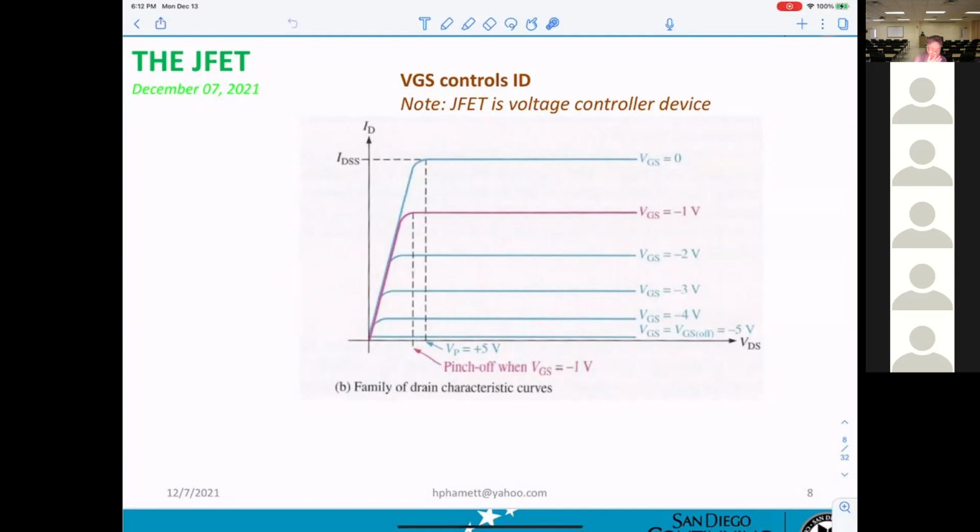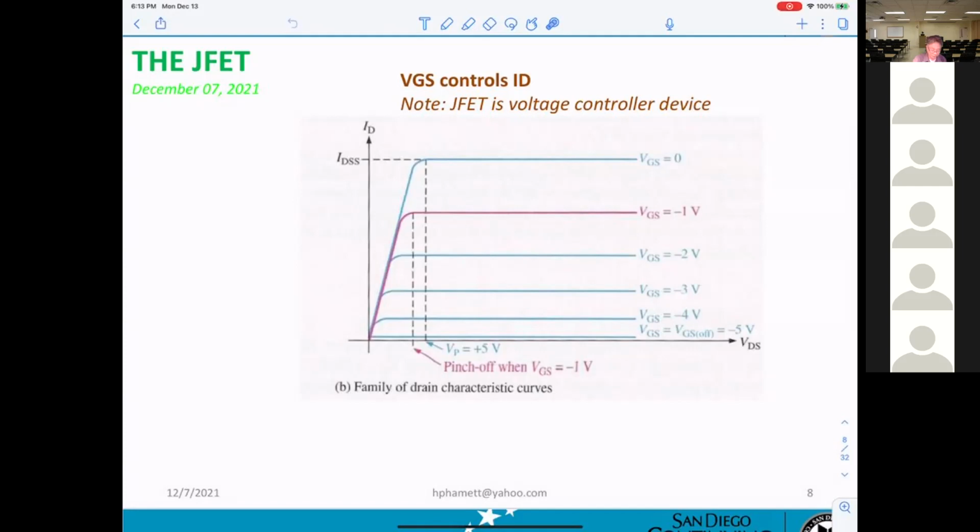Well, like at the end of the graph, it says VGS equals VGS off, which is equal to -5. So that magnitude is different from the pinch off, which is +5. Right. They're talking about VP, not VGS. Okay. VP is all the time positive, and VGS will be negative.